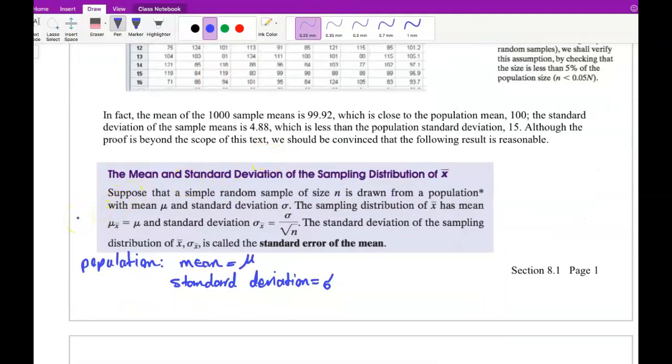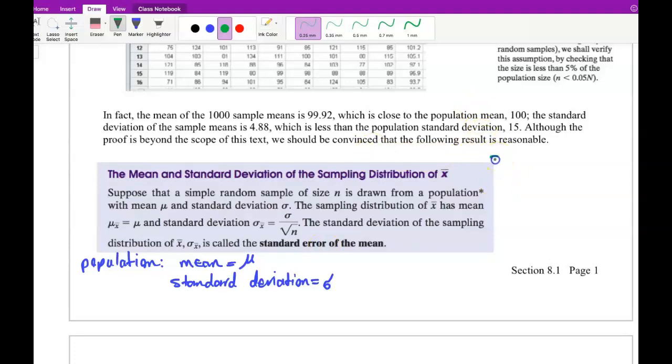Okay, so the mean and standard deviation of the sampling distribution of x bar are based on what we can choose from our population. I'm writing that point here.